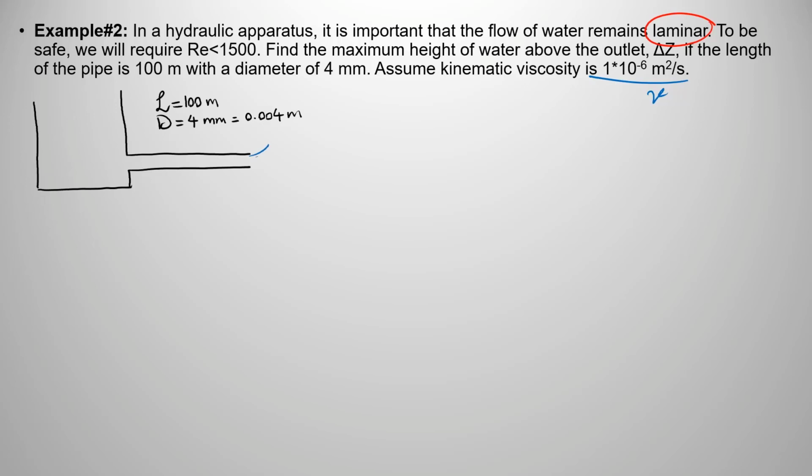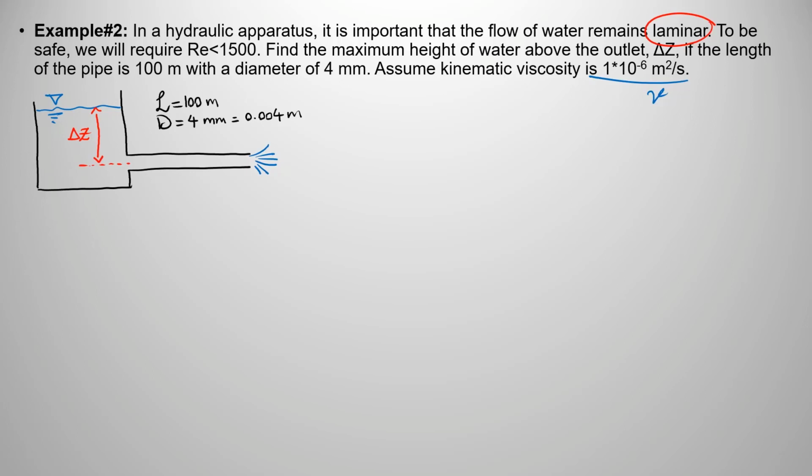And the pipe is apparently a jet of water to the atmosphere. If this is the level of water, what you're going to find is delta Z, or the level of water above the outlet, in a way that the flow remains laminar.